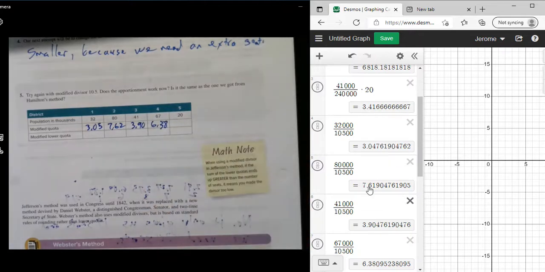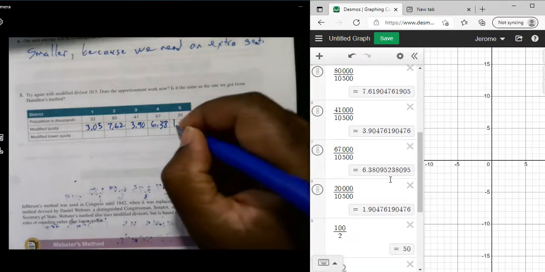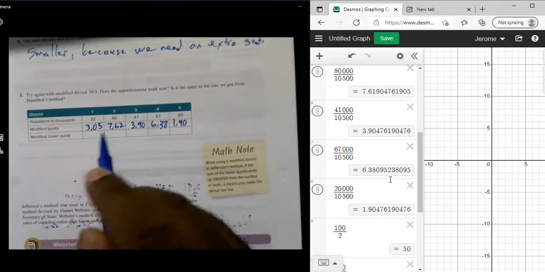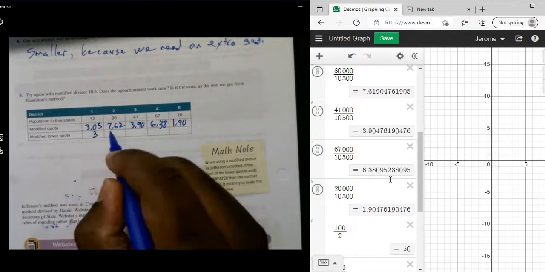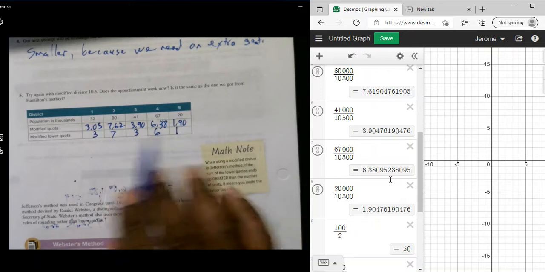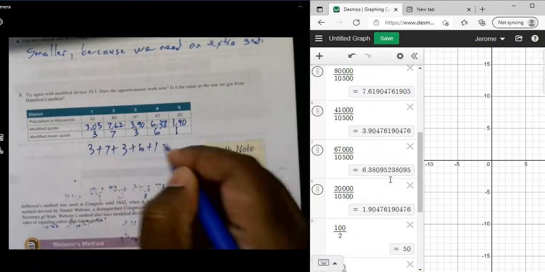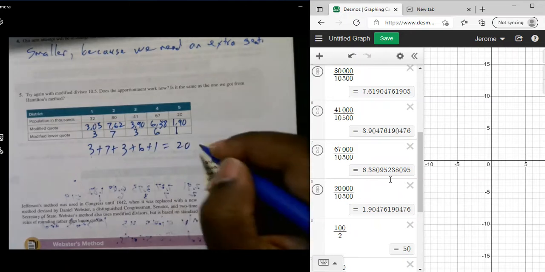And finally, District 5 would be 1.90. Now, if we go to modified lower quota, it's just the number in front of the decimal. And then when we add this up, this now gives us 20. It gives us 20 seats.